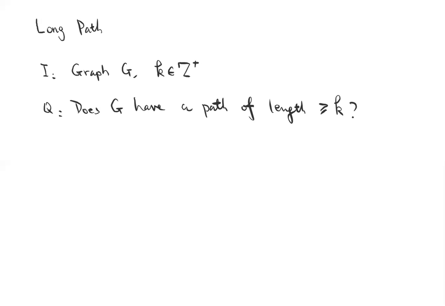I give you a graph, ask you whether the graph contains a path of length at least k. This problem is NP-hard because Hamiltonian path is a special case of this one. Because if we specify this k to be n minus 1, we get exactly Hamiltonian path.